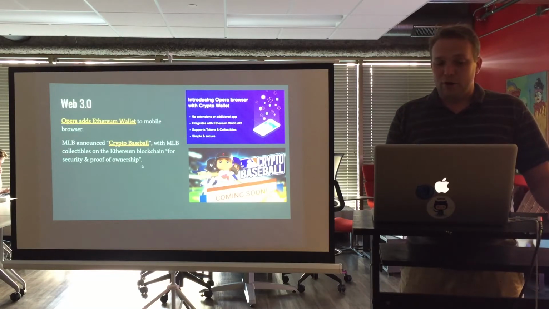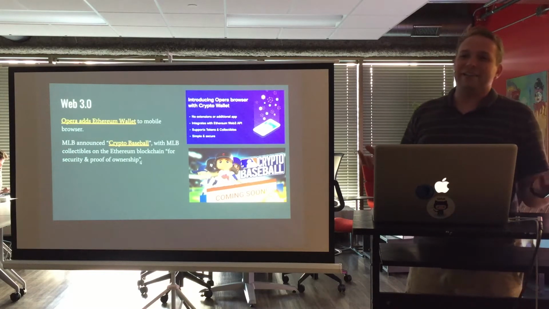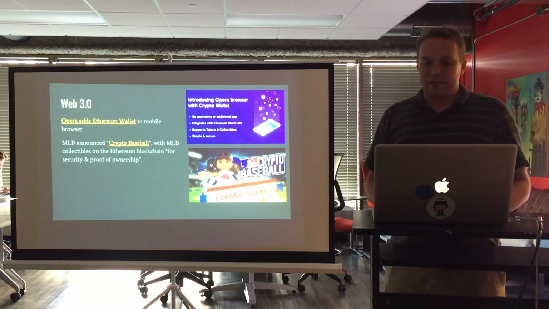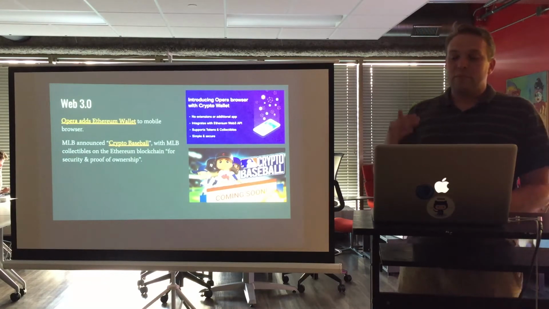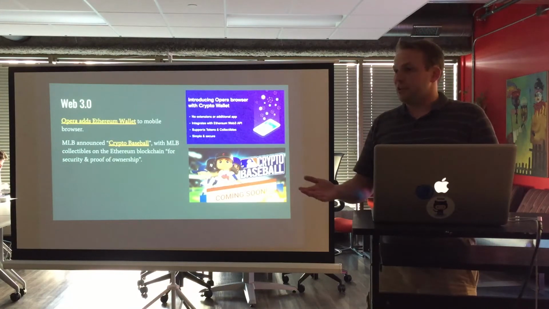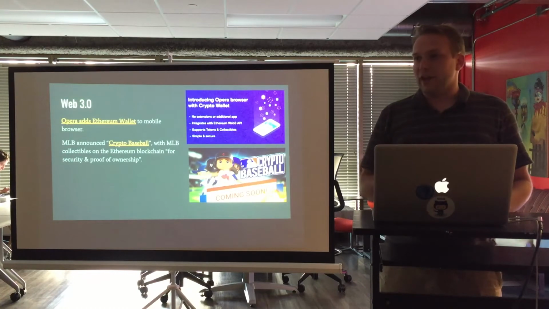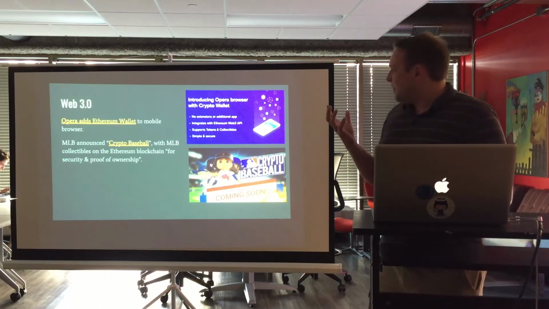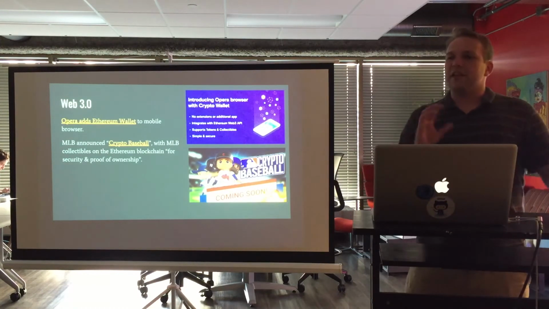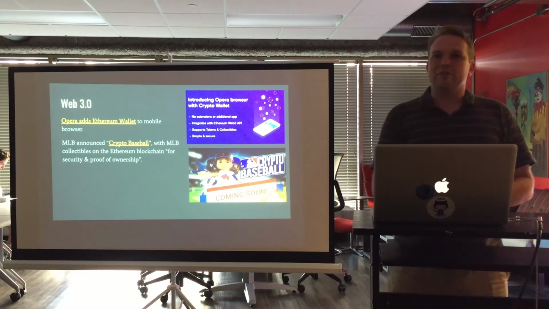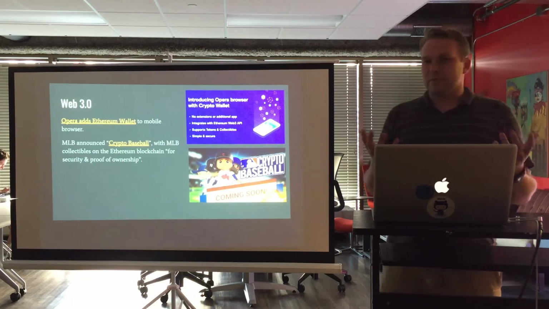Also, Major League Baseball, maybe not the first company you think of when you're thinking of high technology, announced this week that they're building on the Ethereum blockchain a video game piece for interacting with their merchandise, having their physical bobbleheads or merchandise then have a representation on the blockchain for proof of ownership, and then a representation in their game where you'll be able to level up your token and figurine.